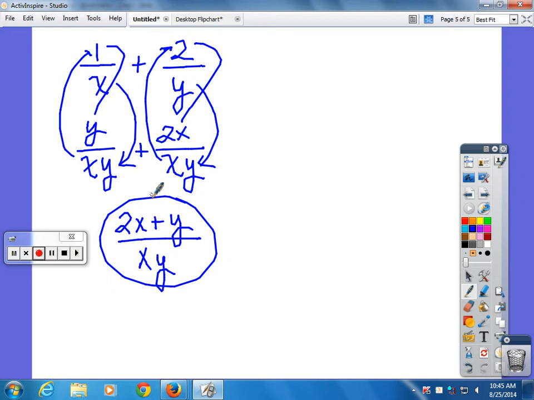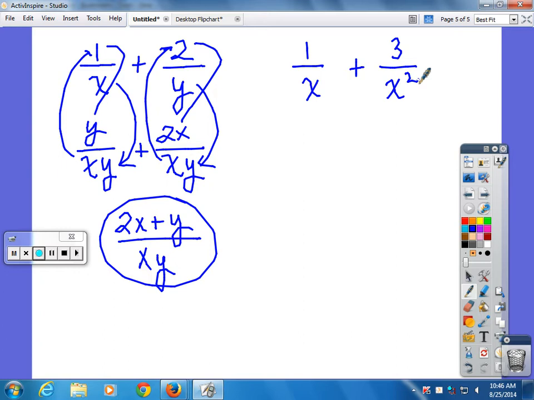Well, let's do one more now, do pre-algebra. 1 over x plus 3 over x squared. Now these do have something in common. What is it? X. So if you have exponents and the base is the same, the common denominator will always be your highest exponent.